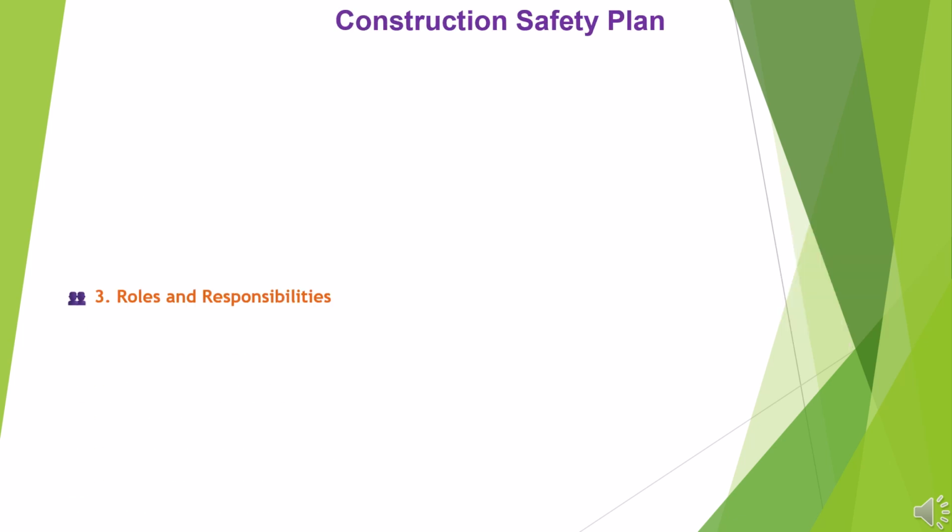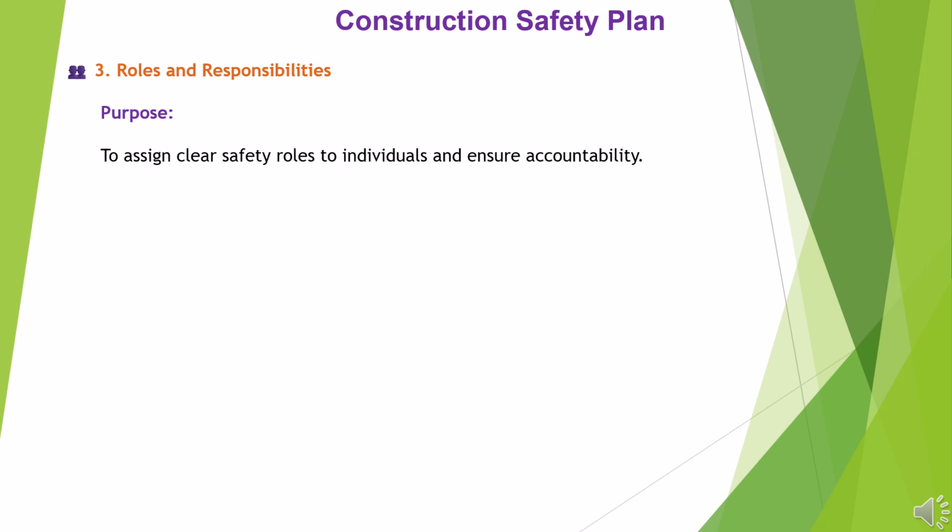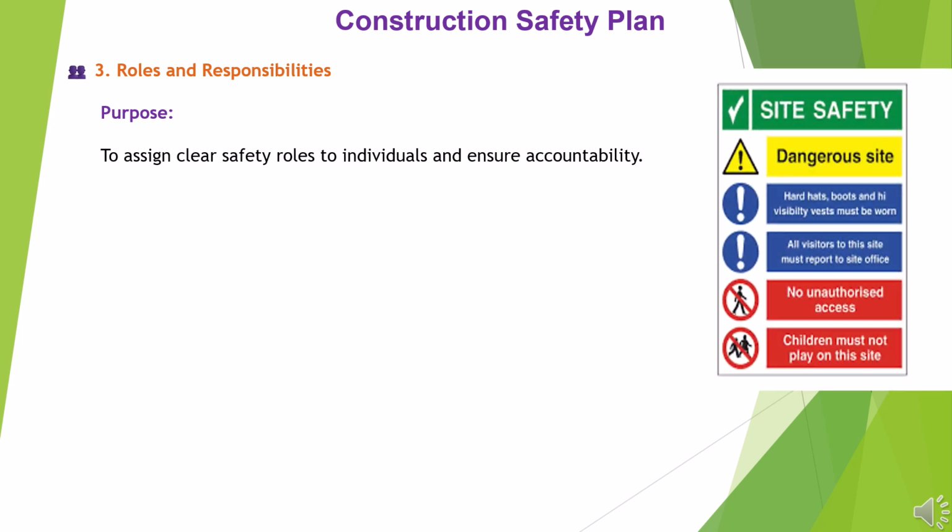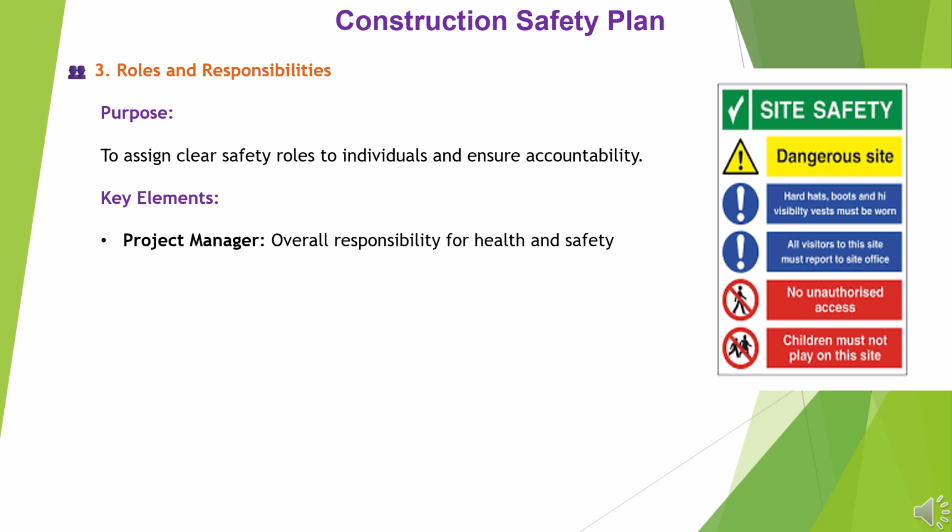3. Roles and responsibilities. Purpose: to assign clear safety roles to individuals and ensure accountability. Key elements: project manager, overall responsibility for health and safety. Safety officer, day-to-day monitoring and implementation.